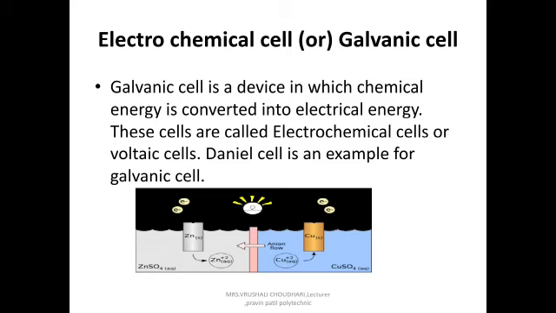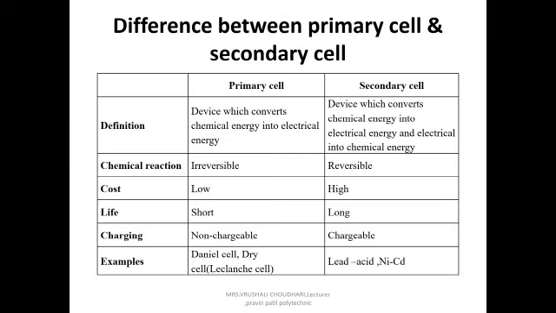We are keeping a zinc rod in zinc sulfate, copper in copper sulfate. When these two solutions are connected with a salt bridge or externally, zinc has a tendency to lose electrons. Whatever electrons are lost will transfer to the external circuit. As the electrons are moving, we will observe deflection in a voltmeter. We will measure the reading.